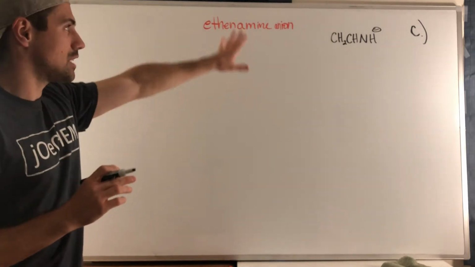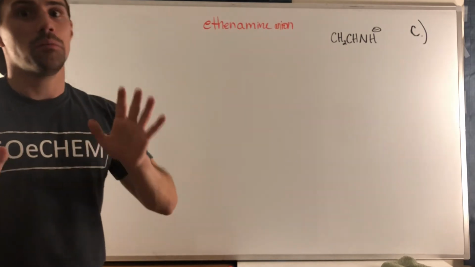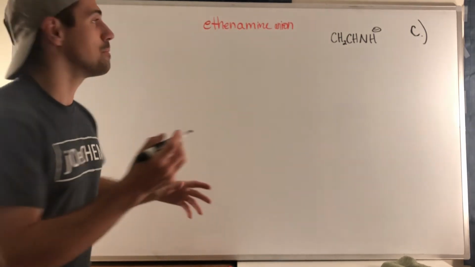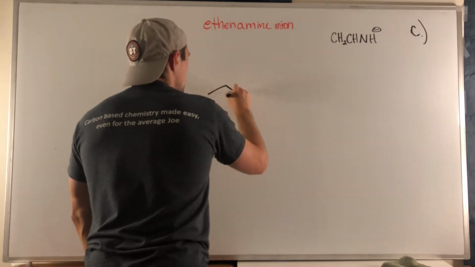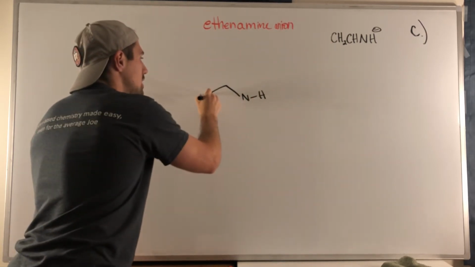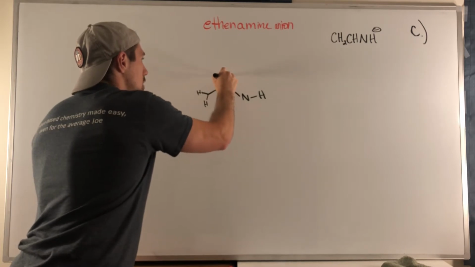However, if we take a look here, sort of similar to our last structure, kind of, but let's take a look at what we can, maybe draw as a first valid Lewis structure. So if I draw, clearly I have 2 carbons and a nitrogen and 1 hydrogen. So to make these carbons work, I have 2 H's here and 1 H here.